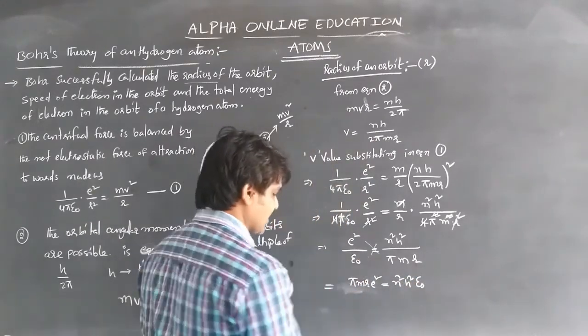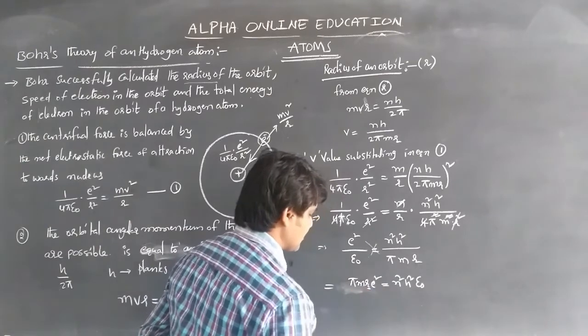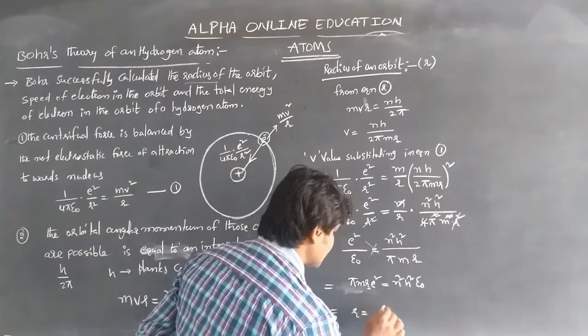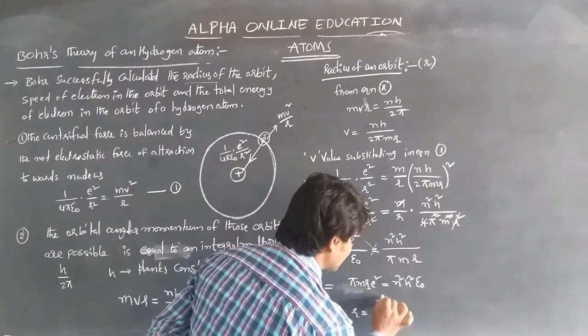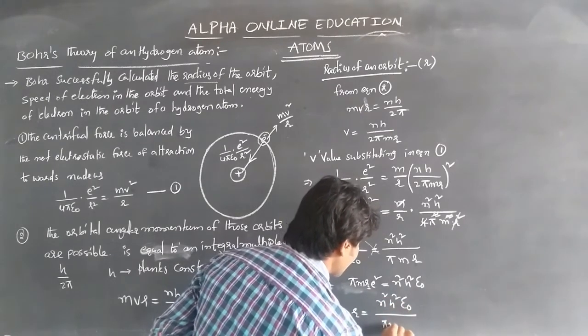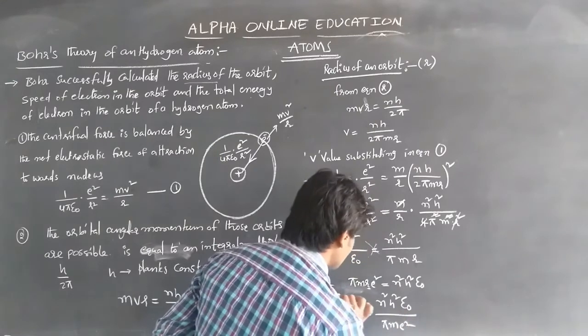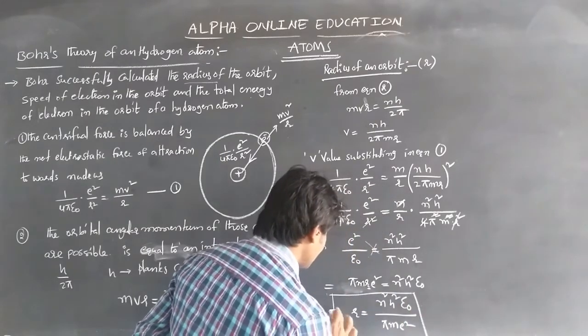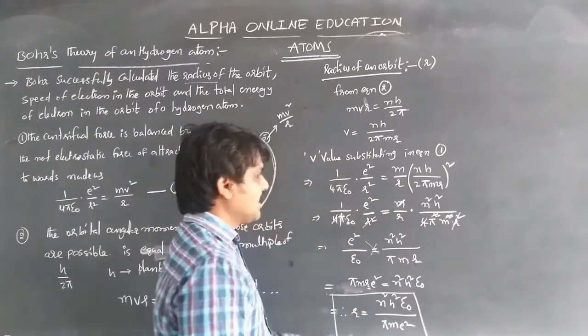So r is equal to n square h square epsilon naught by pi m e square. This is the equation for the radius of an orbit.